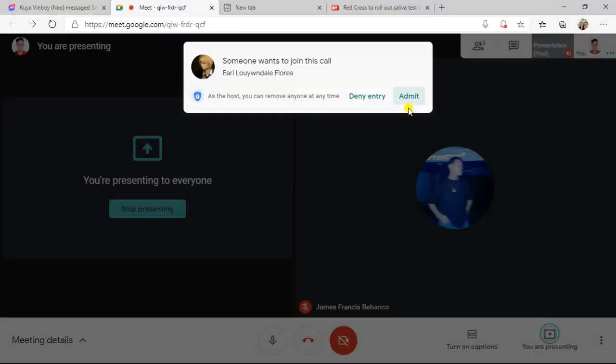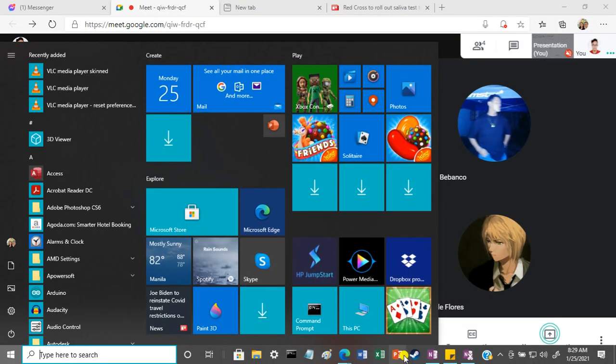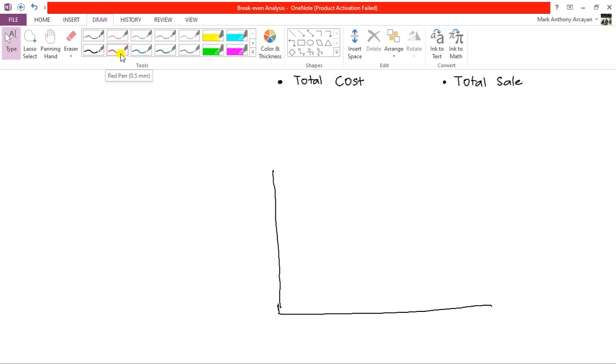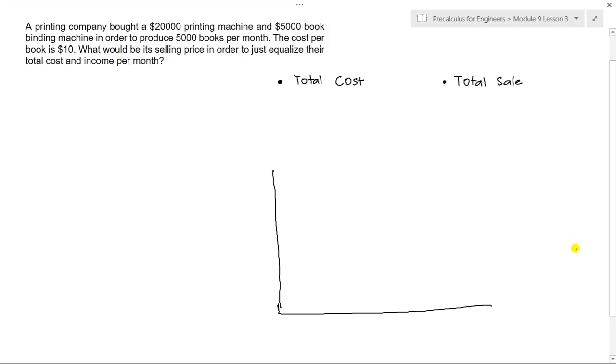On the x-axis, this is the quantity of what you sell. Let's say you have a product, so this is the quantity, and we're going to label this one as x.